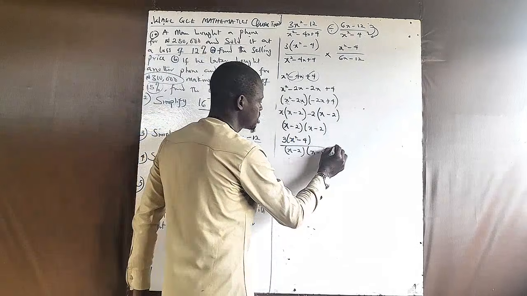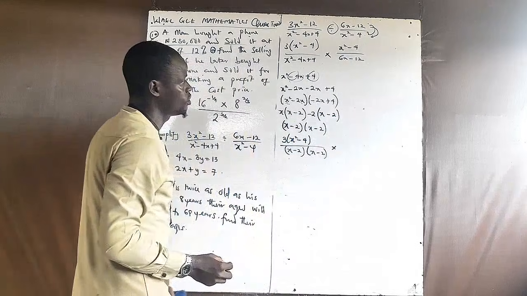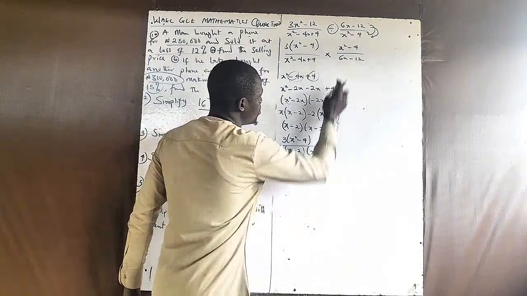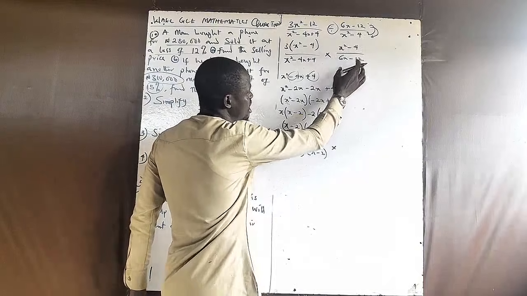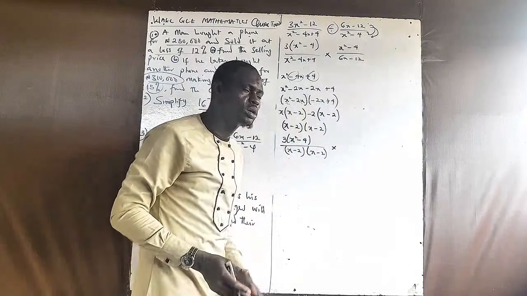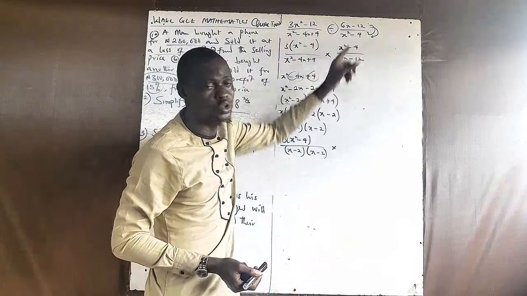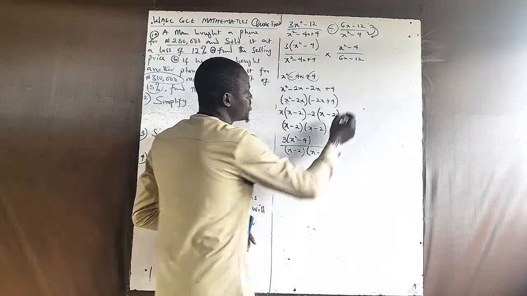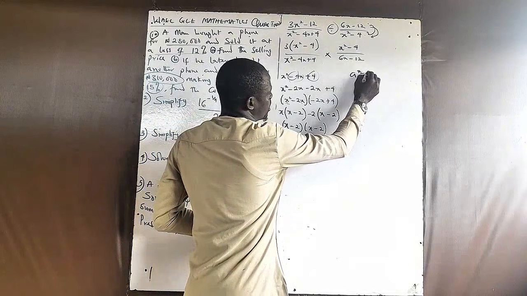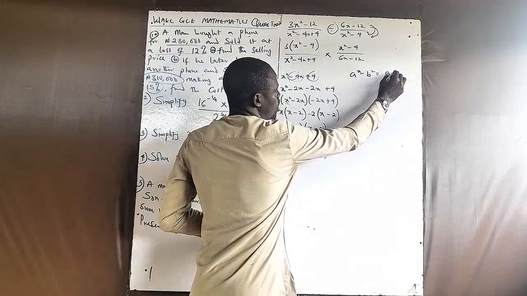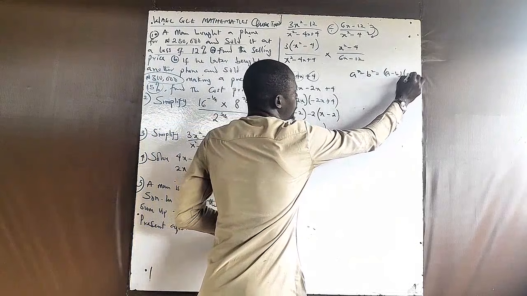Now, you see what is here? I have s squared minus 4. This s squared minus 4 is something we normally call a difference of two squares. Whenever you have a squared minus b squared, it always equals a minus b times a plus b.